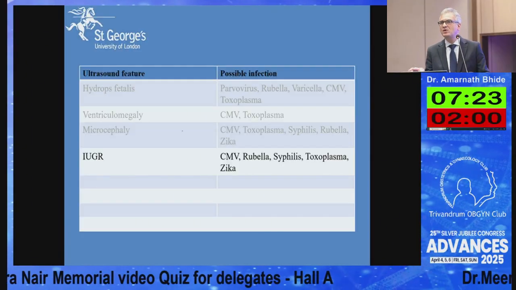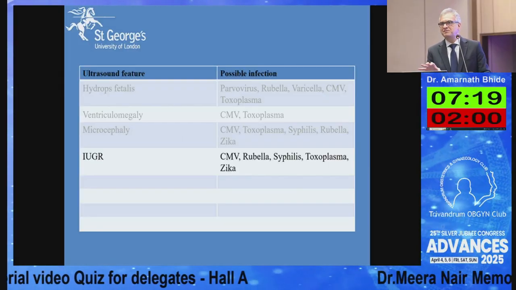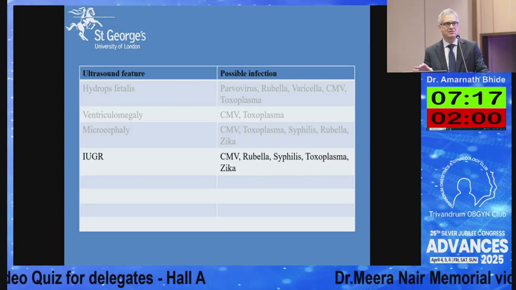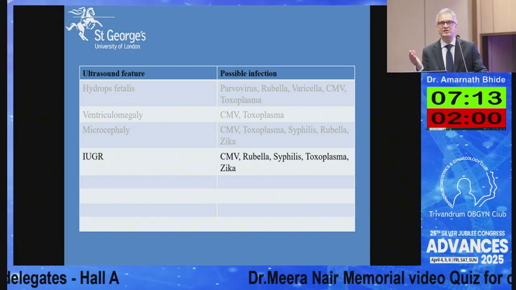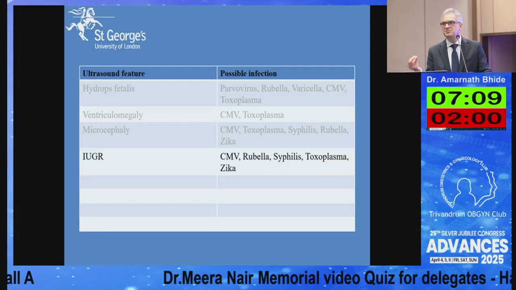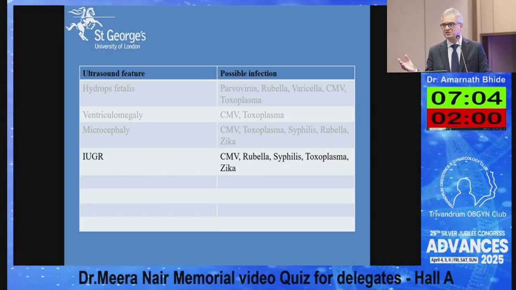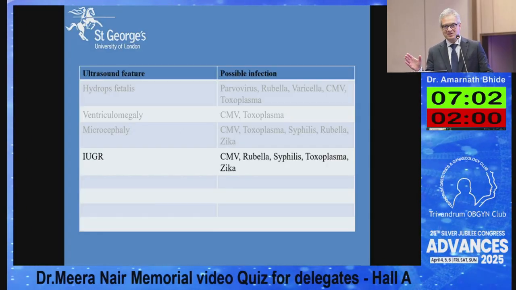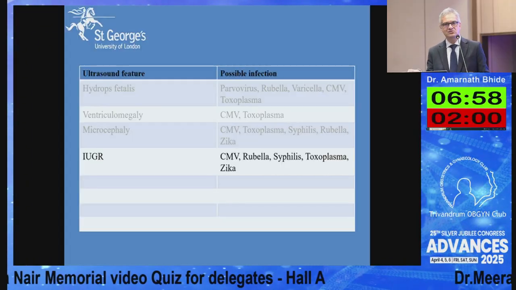But let me qualify my statement here. We don't start thinking about infections in all small babies. So we have got to think about why is this baby small? Can we explain smallness onto something? Is this placental smallness, which is perhaps the commonest reason why babies are small? And the smaller the baby, the more likely that it is not constitutional smallness, there's something else going on.